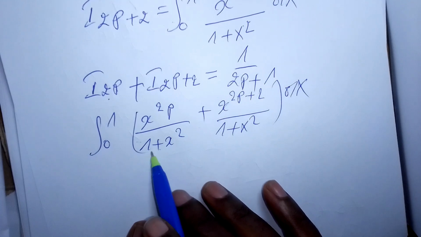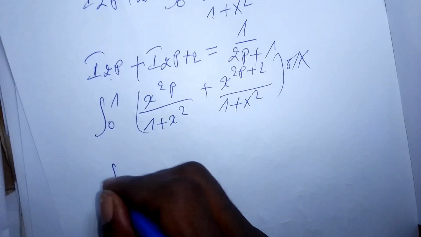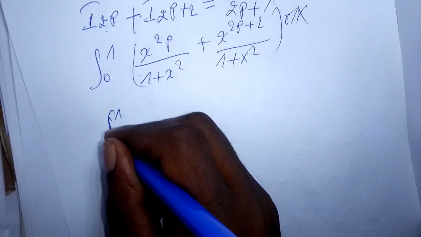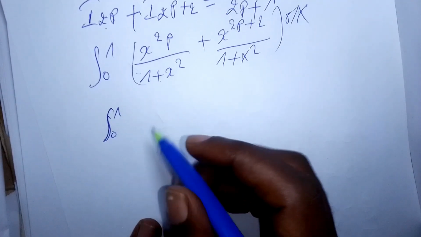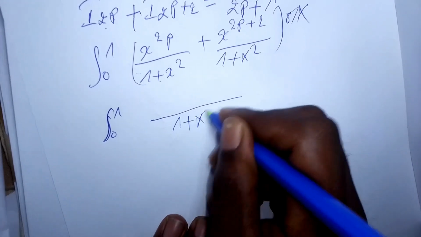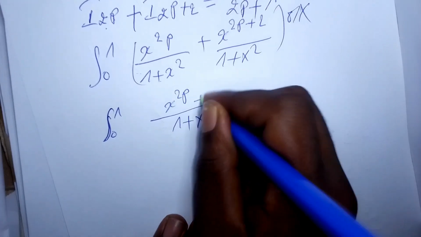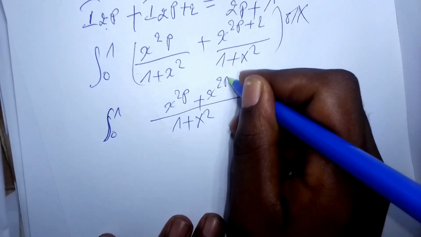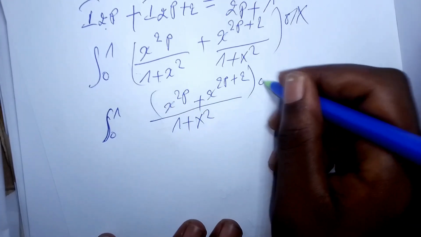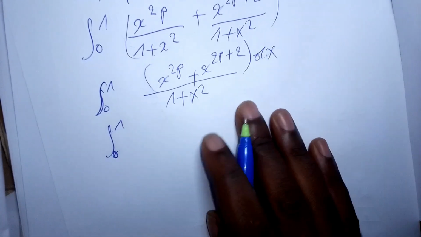Because they have the same common denominator, we put them together. So we have the integral from 0 to 1 of x power 2p plus x power 2p plus 2 over 1 plus x square dx.